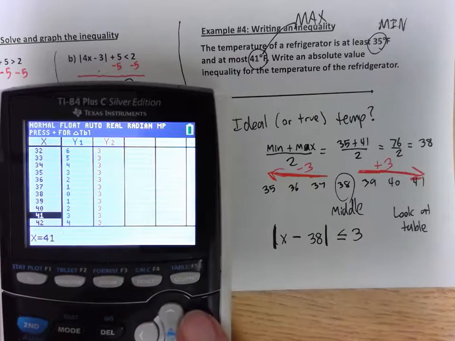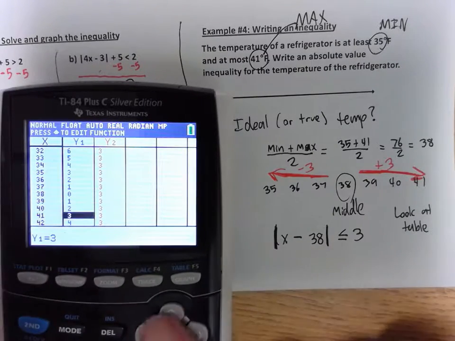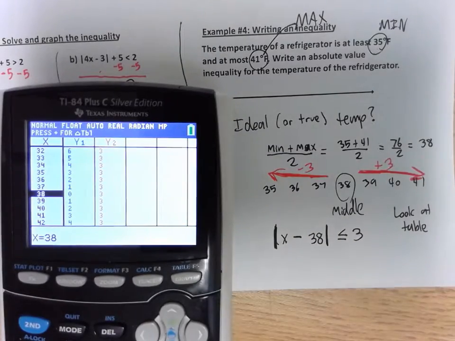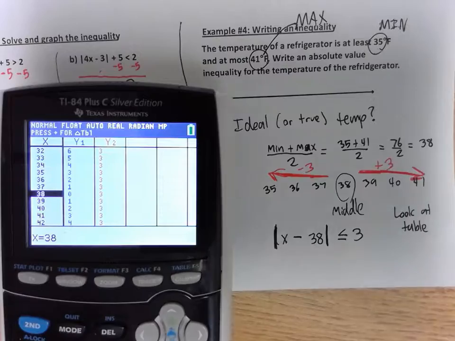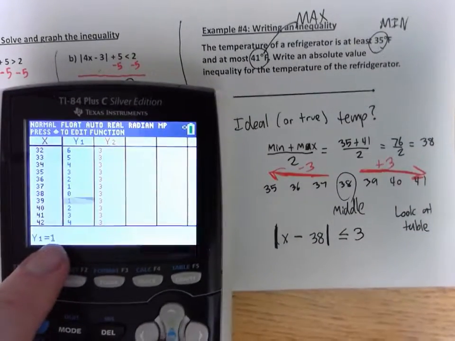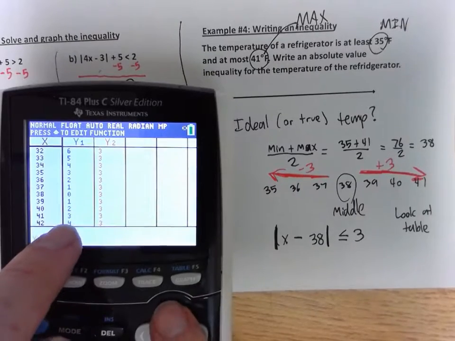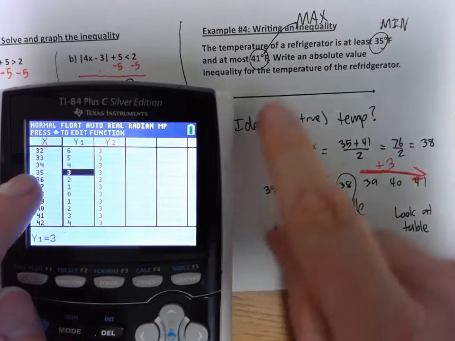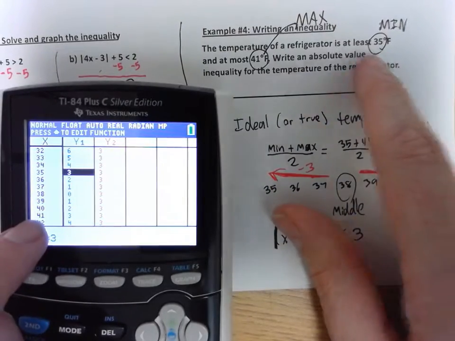So that nice sweet spot at 38 is giving you exactly 0. That's good. That's the middle. That's the average number. That's no distance from the middle. However, we don't need to go any more than 3 above or 3 below. And so it spans from 35 to 41.